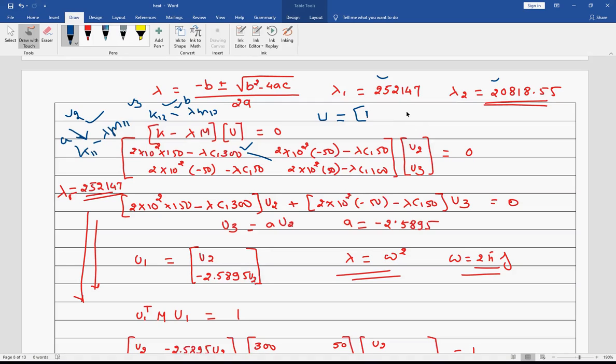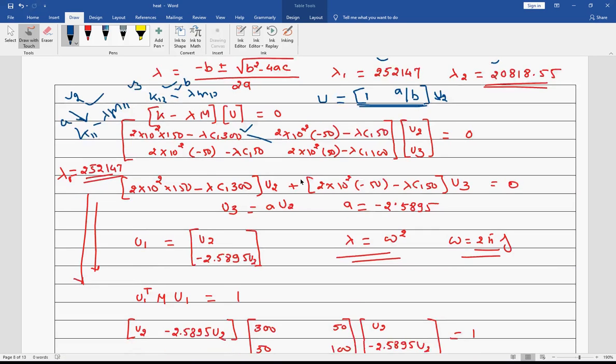Okay, so here in this case I can write this as a by b. Okay, and what is common to this is u2. Okay, so just don't consider this, but it is common. So just, for programming point of view, just forget about it. So this is my u. This is what I am going to get.